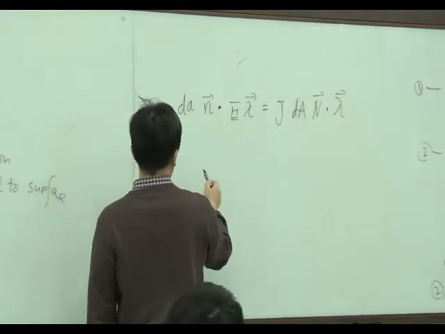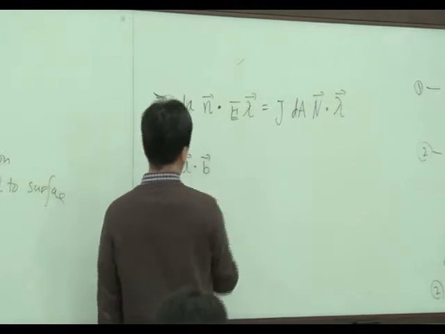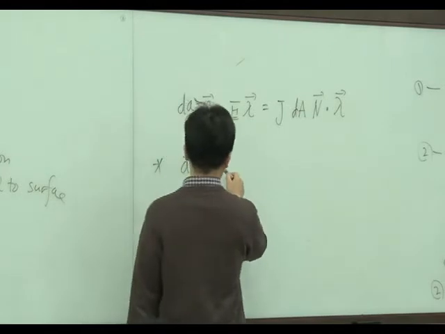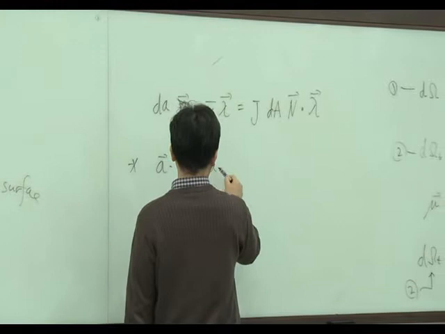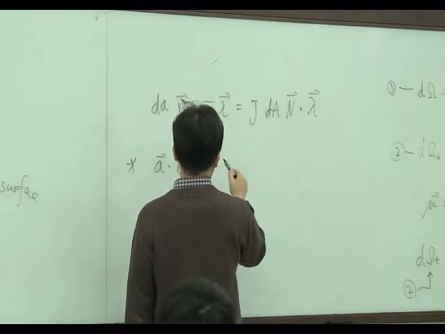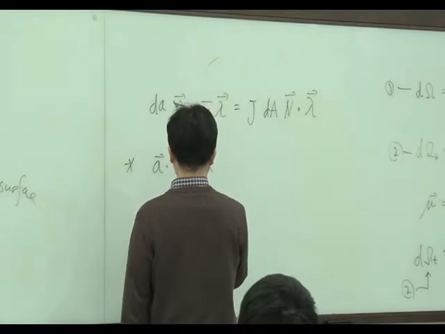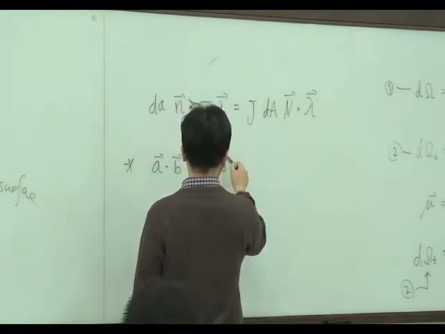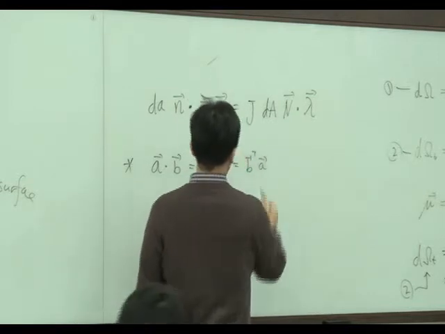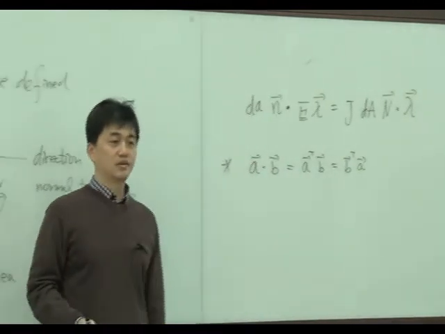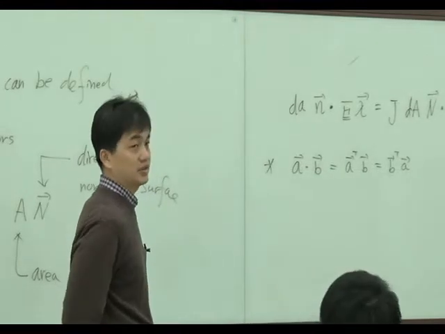For example, here we have vectors A and B, and the dot product is the same as A transpose B or B transpose A, right? You understand this relation, right?